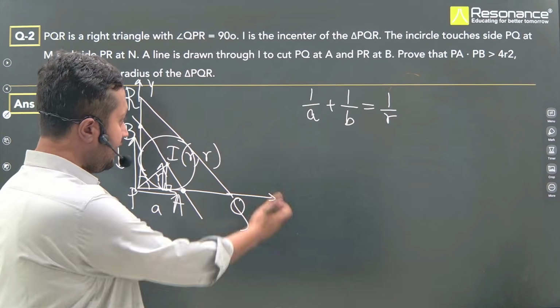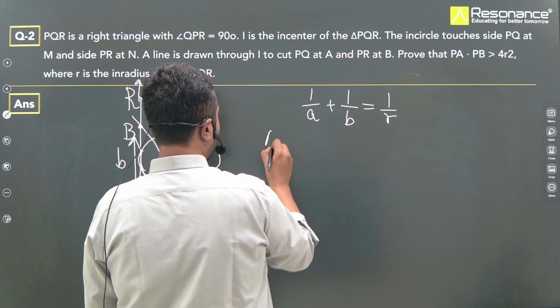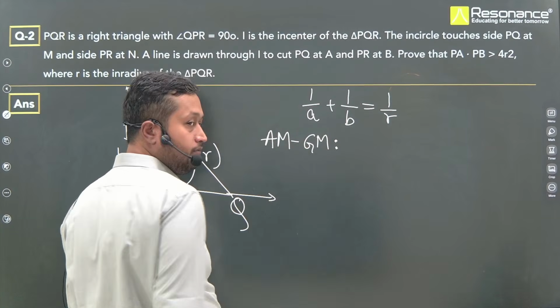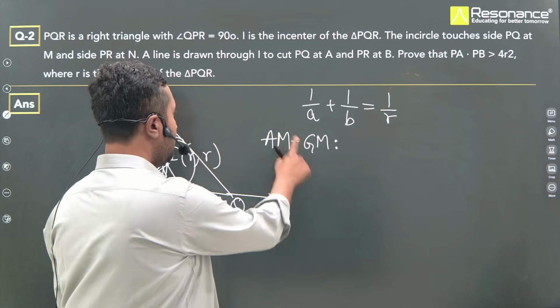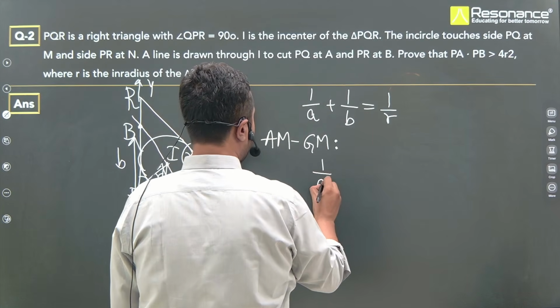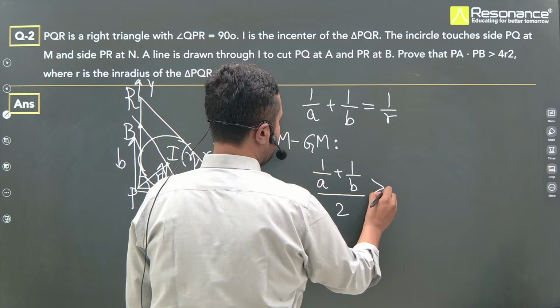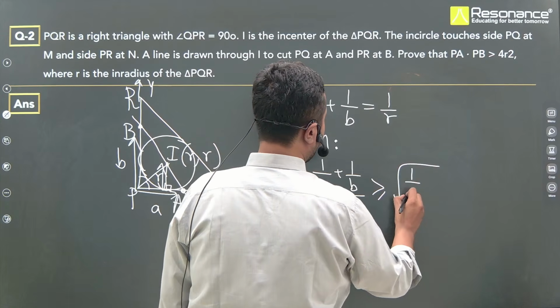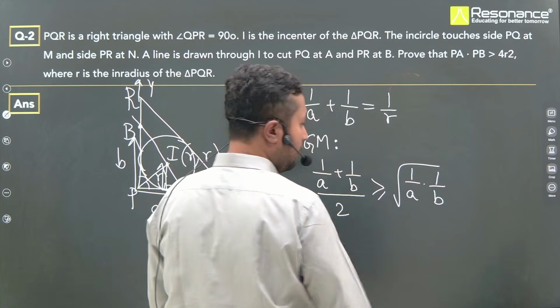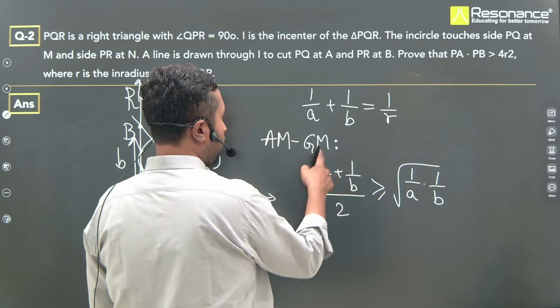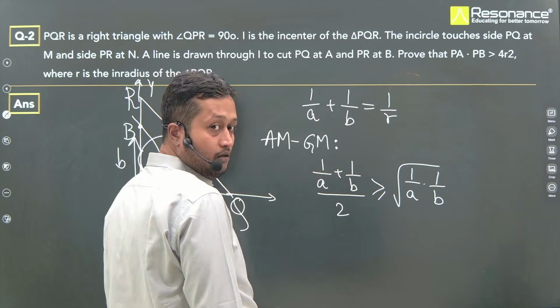So if you apply the AM-GM inequality, the arithmetic mean is greater than or equal to the geometric mean. What does that give us? It gives us that 1 by a plus 1 by b divided by 2 is greater than or equal to the square root of 1 by a into 1 by b. Let's work that out. So this is 1 by r divided by 2.